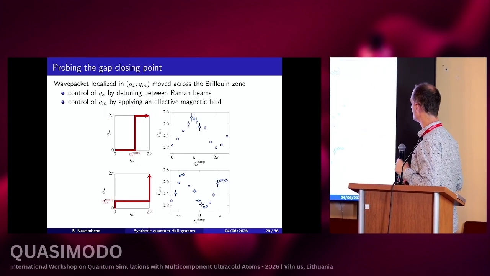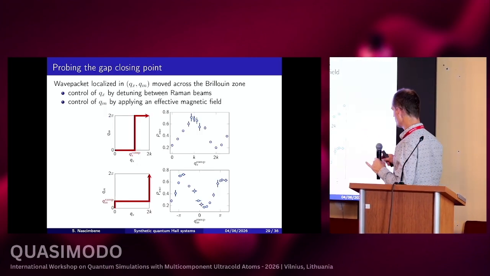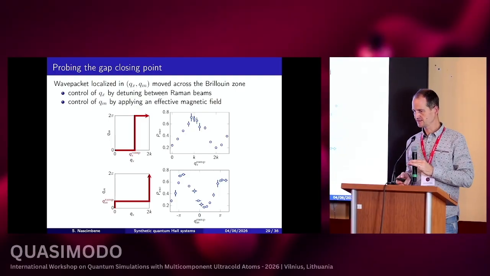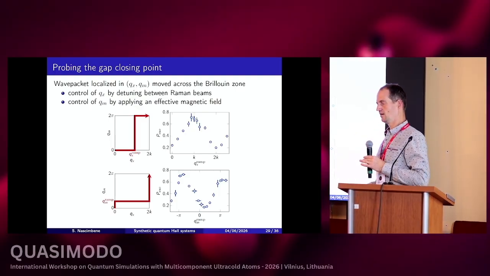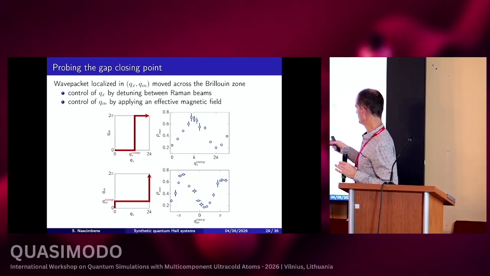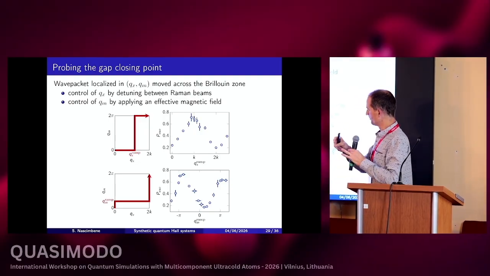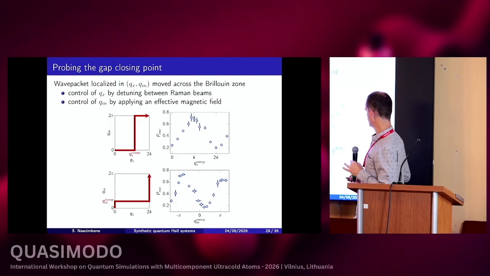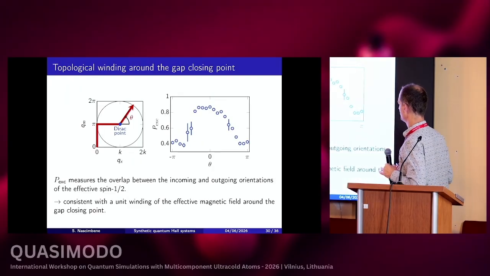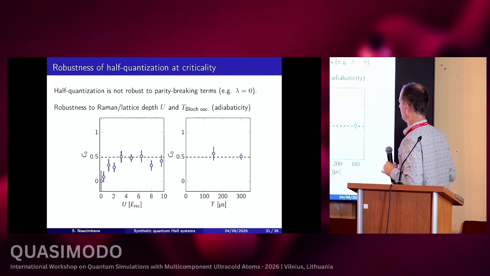We could show that the band structure at criticality has a single gap closing point, which is a Dirac point, by looking momentum resolved at where the gap closes. So I skip the details.